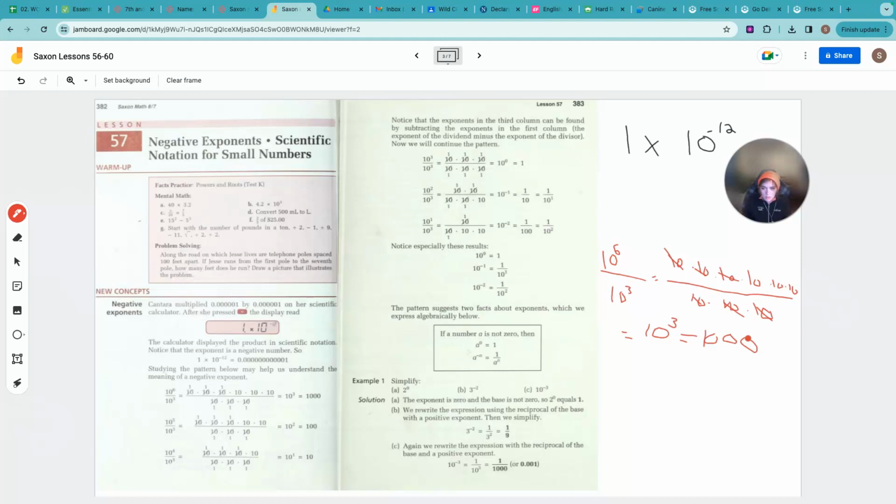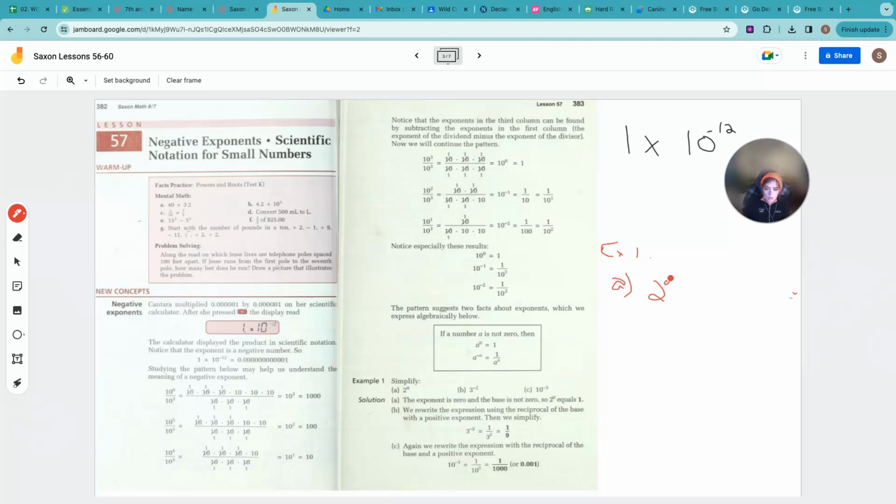So let's go to example 1. We haven't even seen this before. Example 1 is A, and it's 2 to the 0 power, but what is 2 to the 0 power?